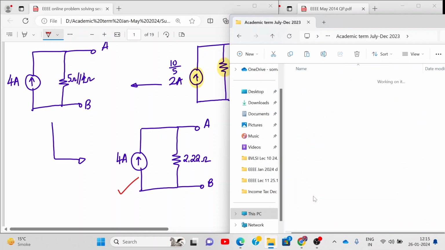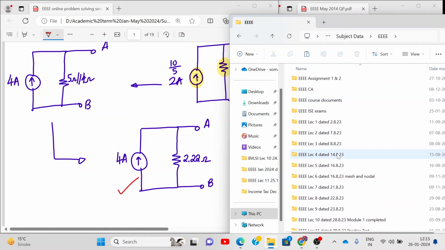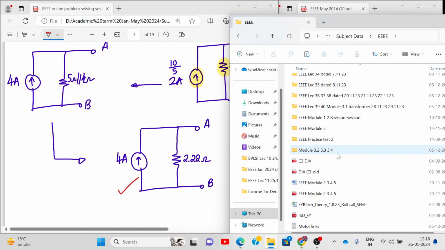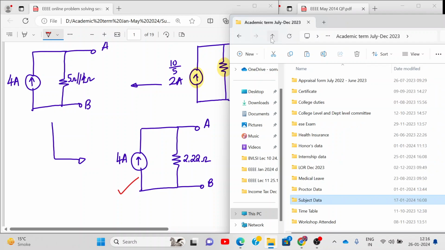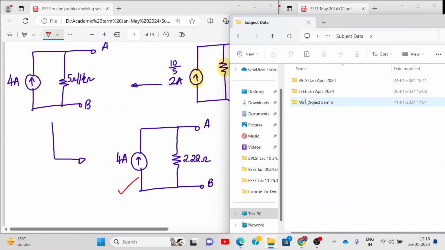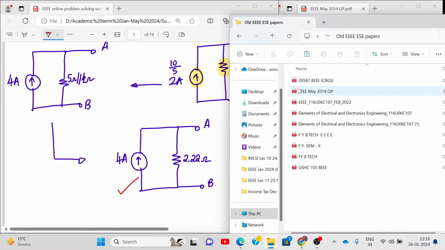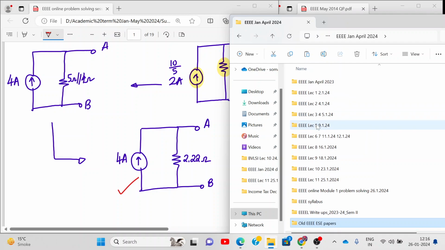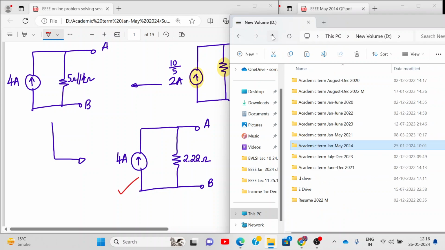Let me check if I have a solution to this numerical. Okay, anyways, old ESE papers. Okay, I got it.